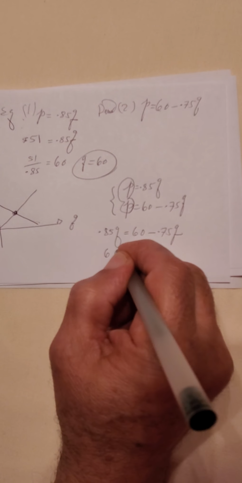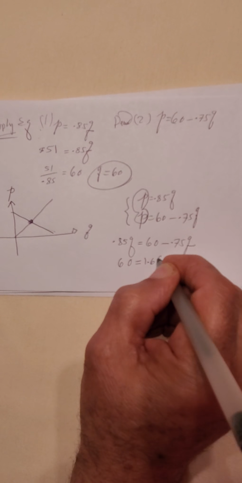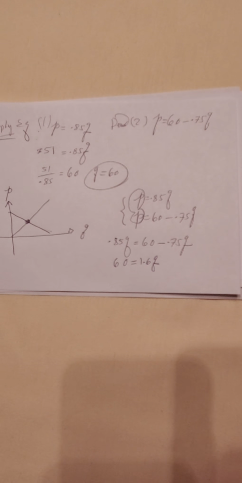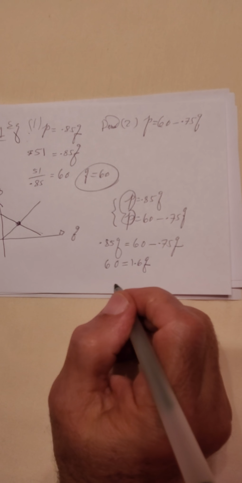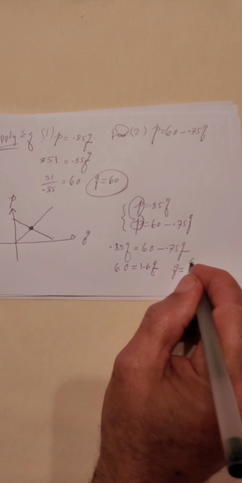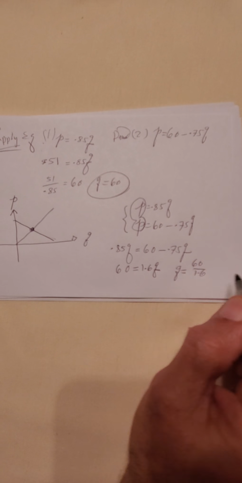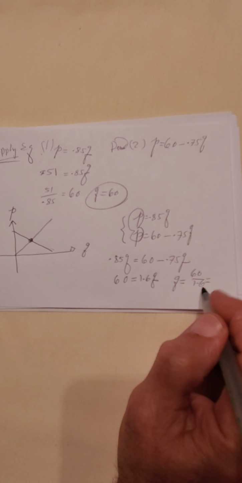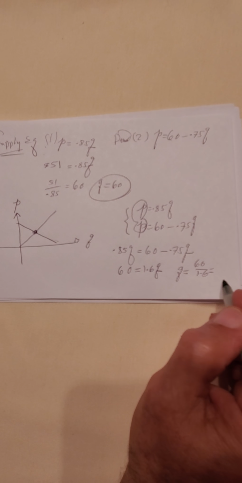Therefore, what you have is 60 is equal to 1.6 Q. Then you divide both sides by 1.6 to get rid of this 1.6. Then Q becomes 60 divided by 1.6, which if you use your calculator, gives Q is 37.5.